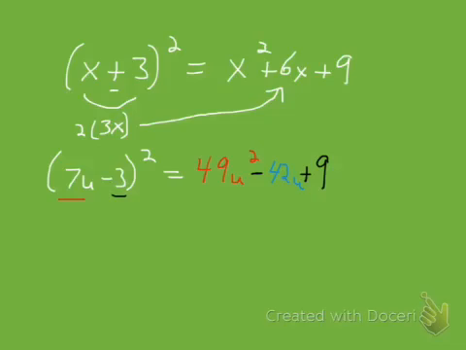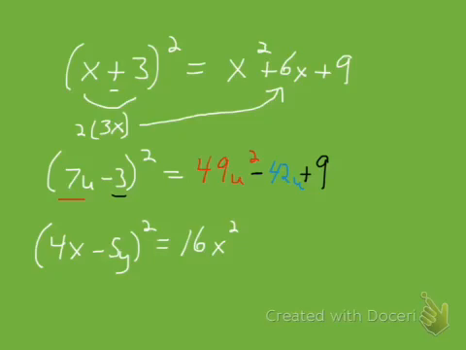Alright, let's try another. Okay, let's do 4x minus 5y squared. Okay, 4x squared would be 16x squared. Basically bringing that x and exponent of 2 into the 4 and the x.